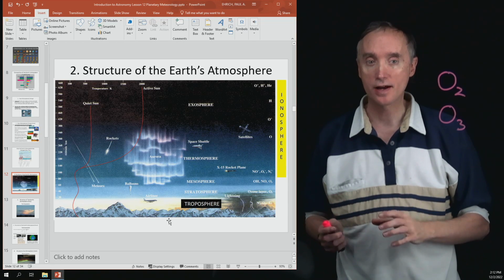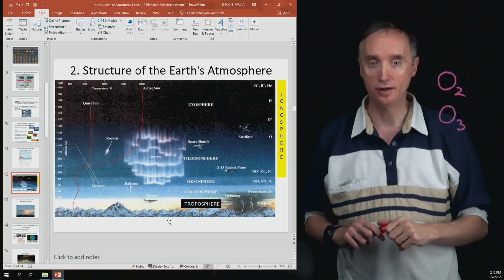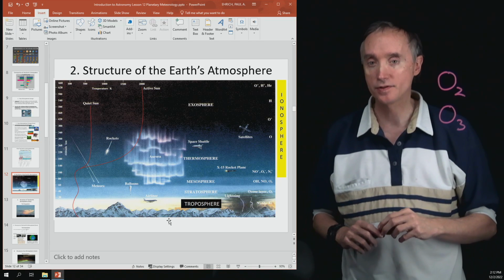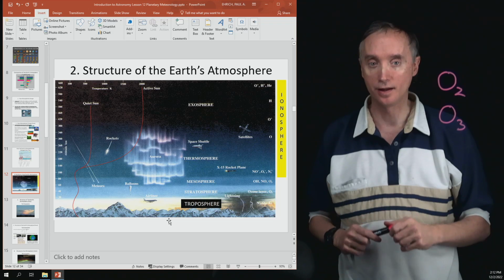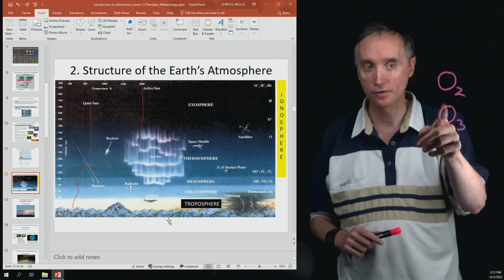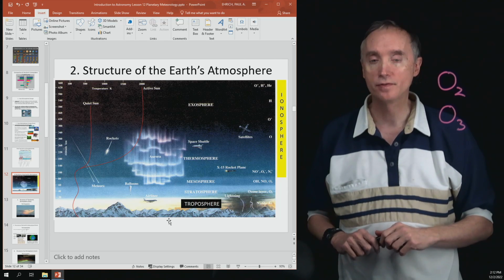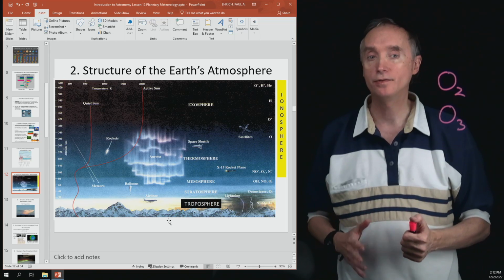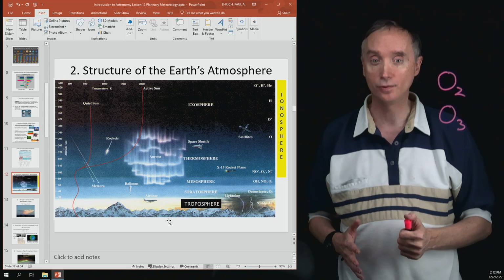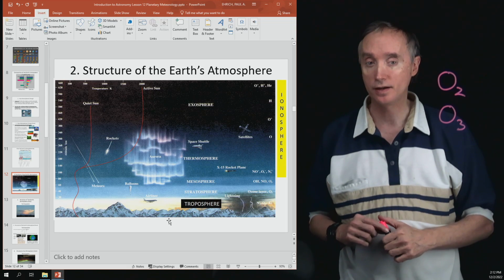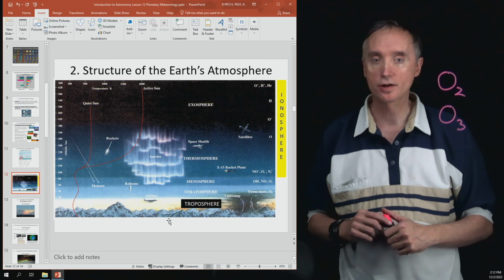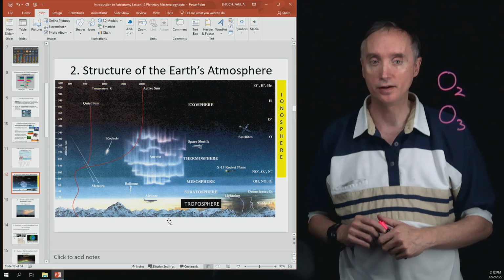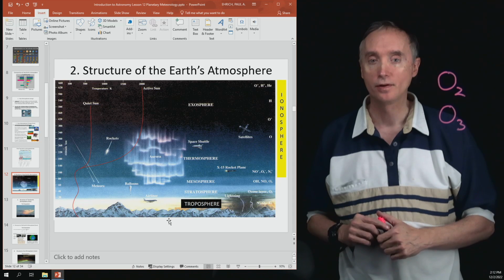So the stratosphere is very important because it acts as a shield against ultraviolet light. If it wasn't for this stuff, most of that ultraviolet light would make it through to the surface, and then we would have a lot more skin cancers and cataracts as a result. So we'll talk about the stratosphere in more detail in just a moment.